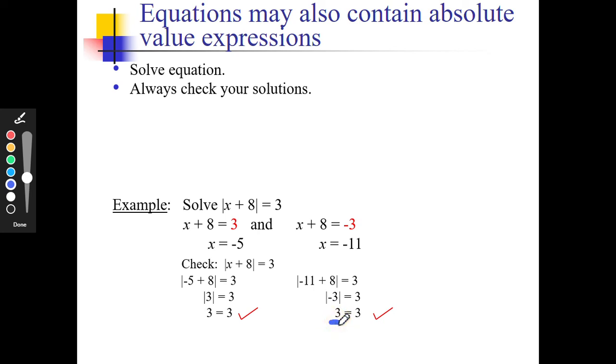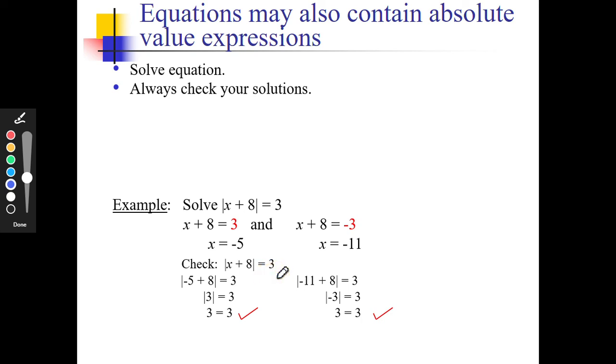Now, this 3 on this side, it is coming from this 3. So all these 3's on this side of your equation are coming from this 3.